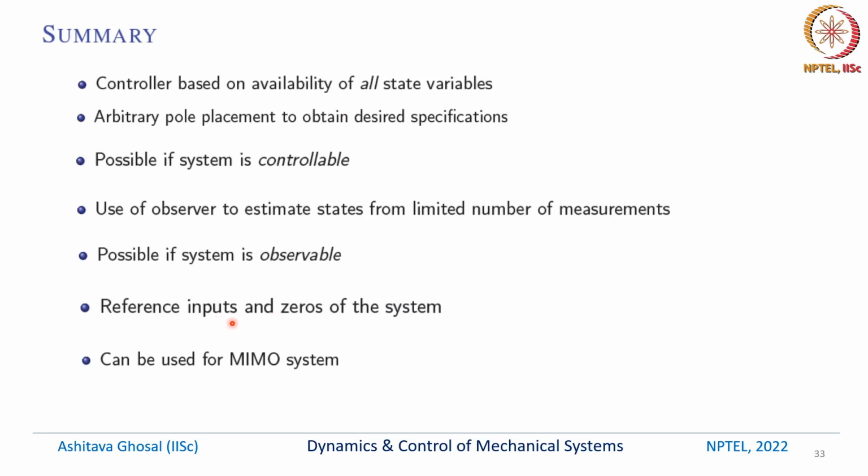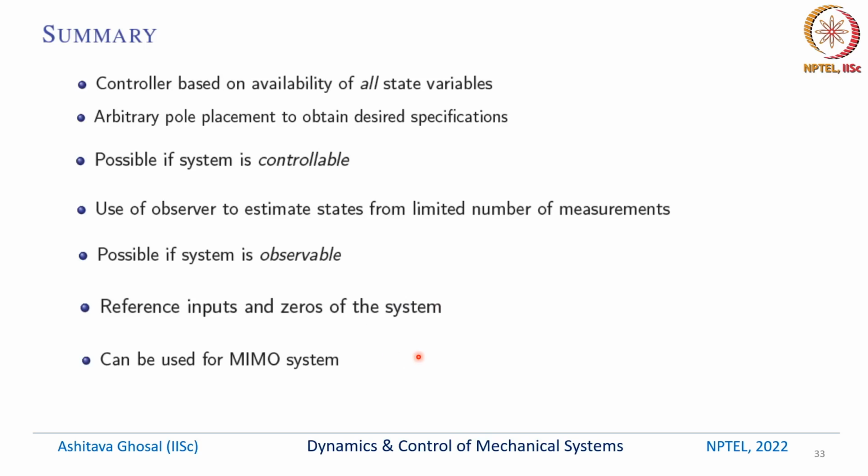We can also introduce a reference input, and this has to do with the zeros of the system. Basically, when you introduce a reference input, the transient response changes. The poles of the transfer function, or the poles of this system, remain more or less the same, so it does not affect the stability of the system, but the reference input will change the nature of the transient response.